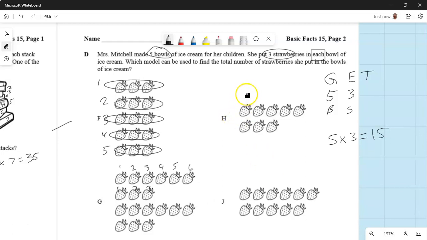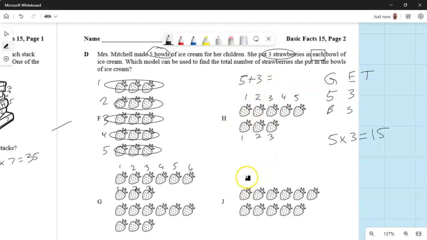The next one I have 1, 2, 3, 4, 5, and then I have 1, 2, 3. That's a group of 5 and a group of 3, which is 8 strawberries. But that math problem would be 5 plus 3. Okay, and that's not how you'd figure out how many strawberries there are in 5 bowls.